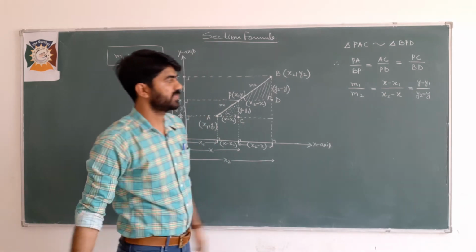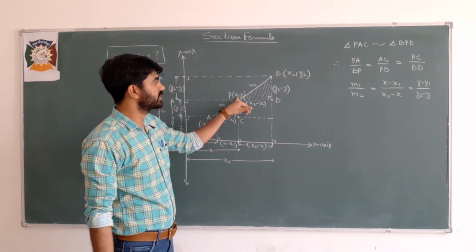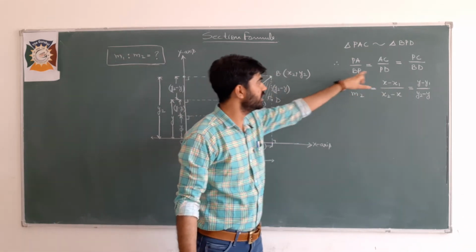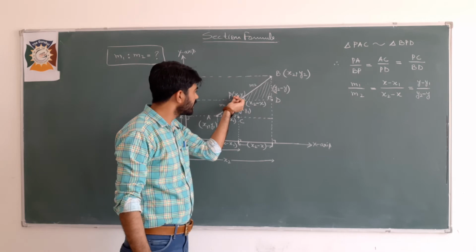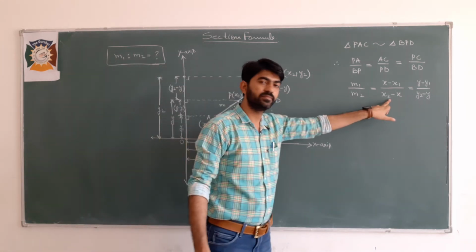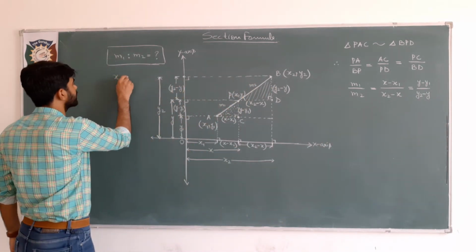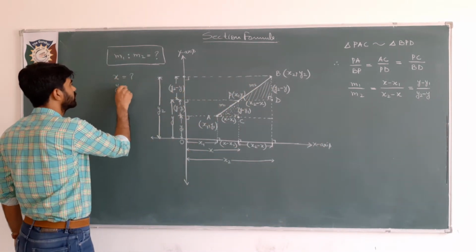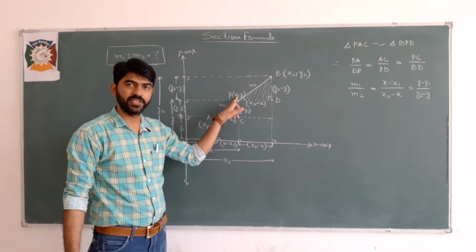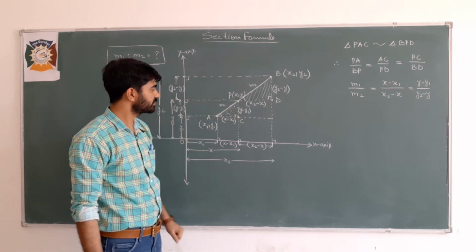Now see, for finding x, this is the ratio, and if I need to find these coordinates x and y, for this ratio we can use this one. Okay. Now if I need to find x and y also, because I don't know the coordinates of this point, what about the coordinates x and y?